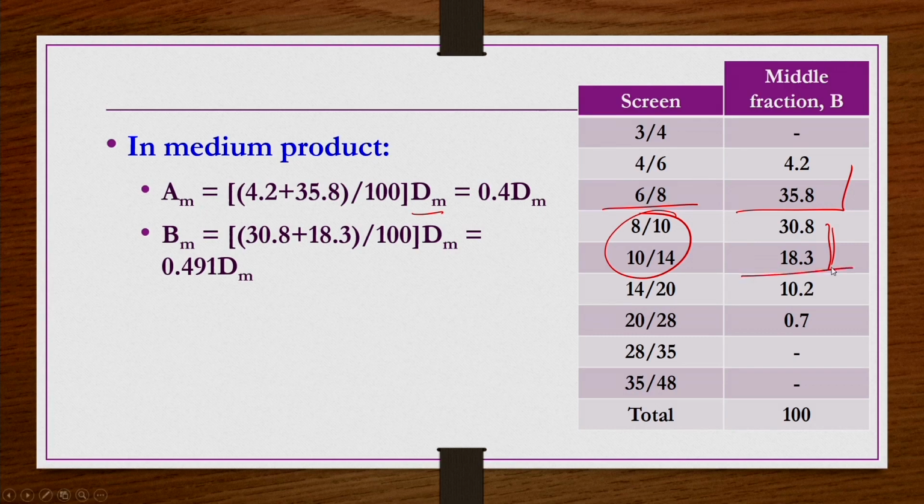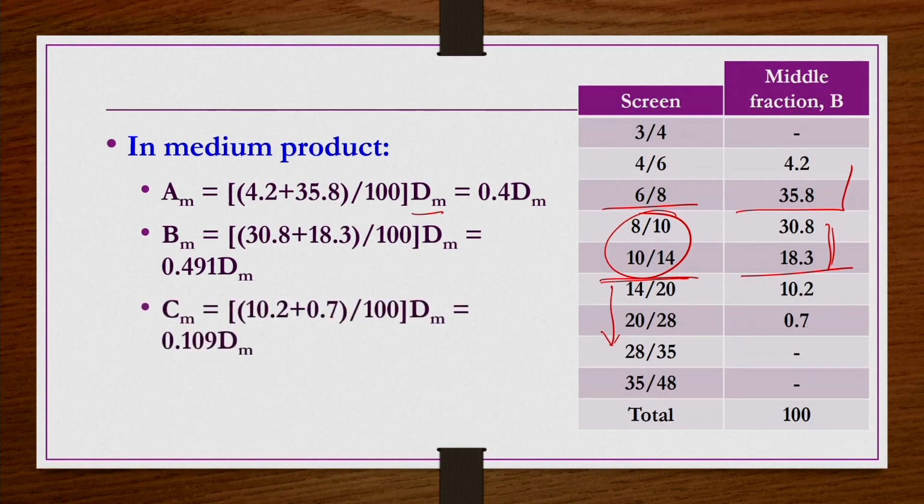So, 30.8 plus 18.3 divided by 100 multiplied by dm equals 0.491 dm. And then the finer ones in this middle fraction, whatever is passing through 14 mesh, are all considered finer. So, Cm equals 10.2 plus 0.7 divided by 100 multiplied by dm equals 0.109 dm.